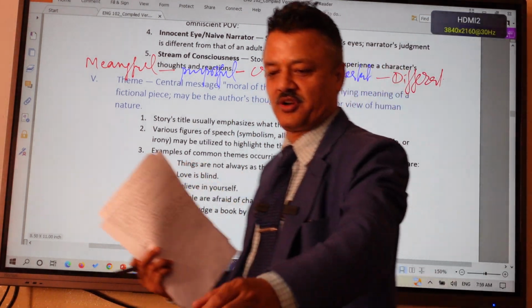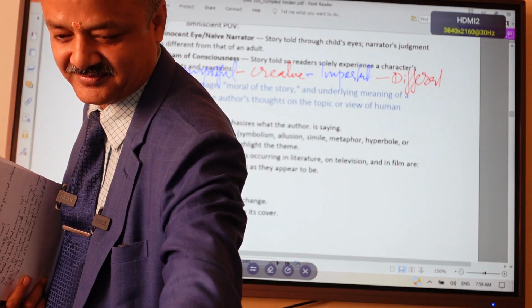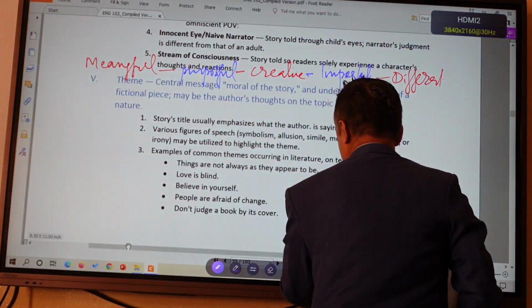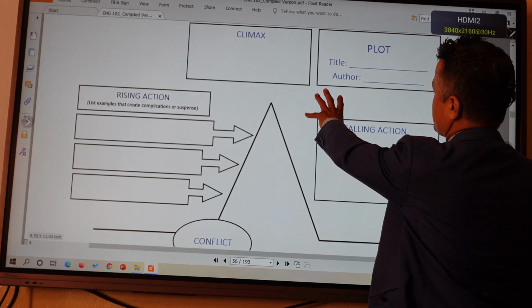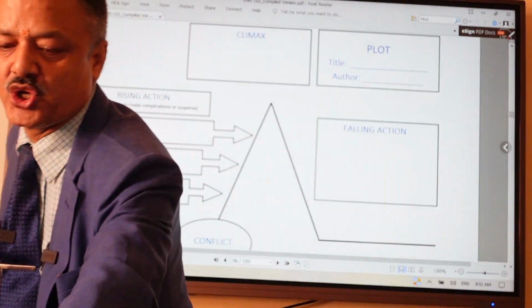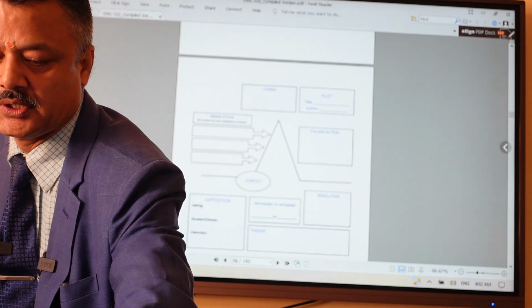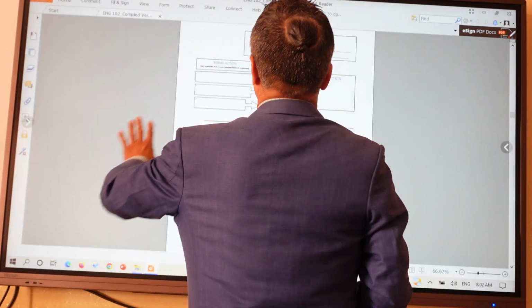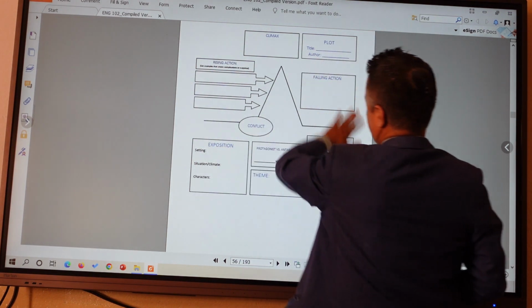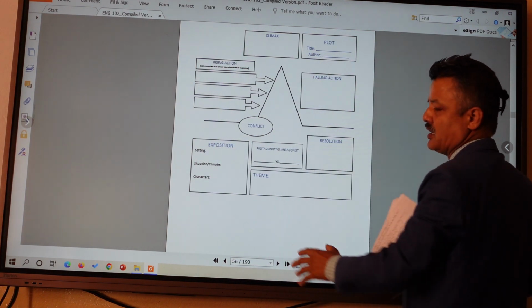Theme. Then, you read it, I won't go into detail. Here is a graph. They have beautifully given you a template. You can follow that: climax, plot, title, author, rising action, falling action, conflict. What do you do?